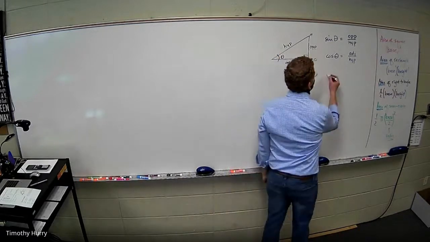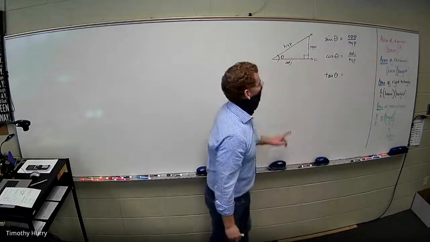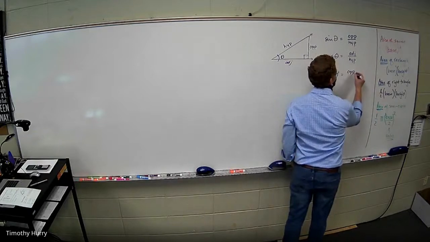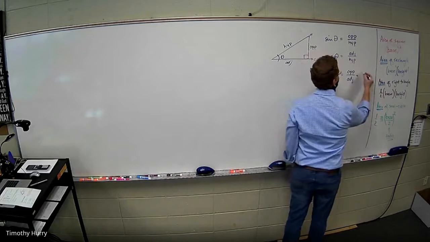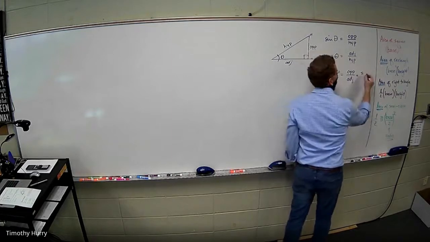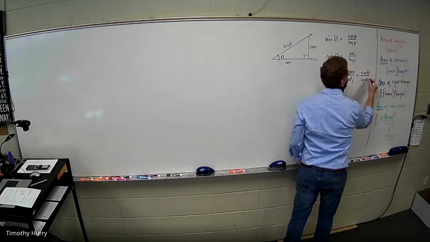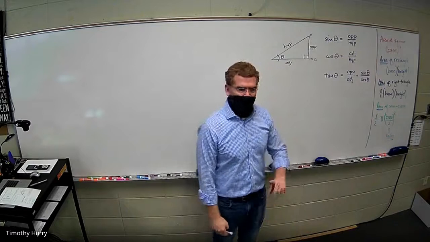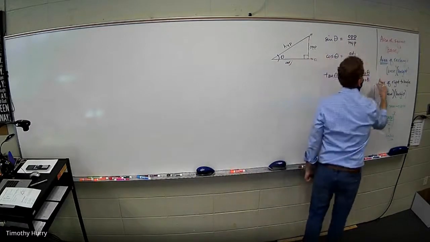And then what is tangent of the angle? Opposite over the adjacent. Did you also know that tangent was the sine of the angle over the cosine of the angle? Because what is the sine of the angle? Up over height, right?